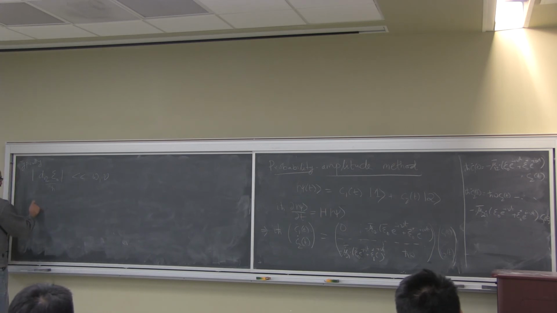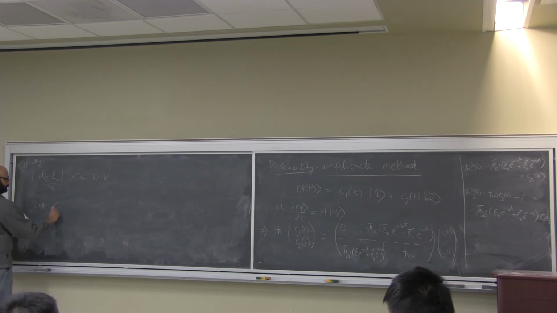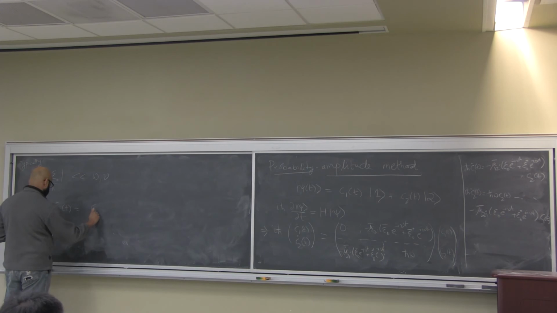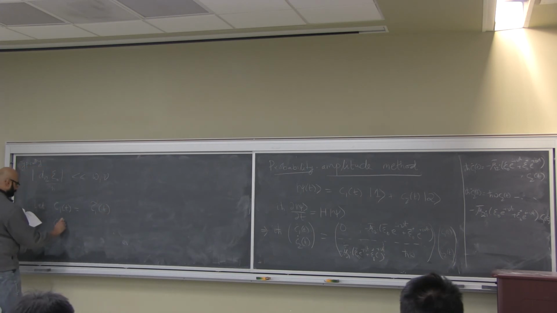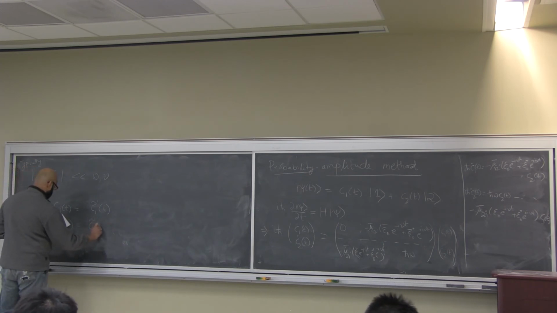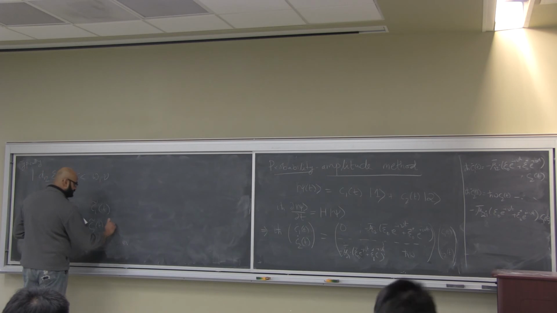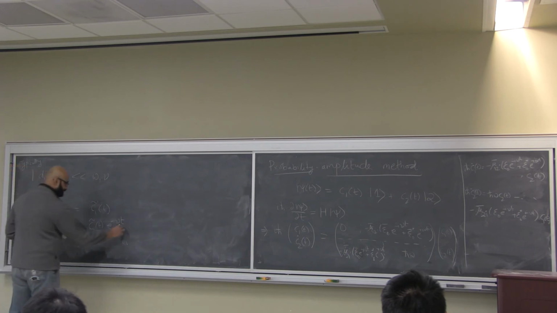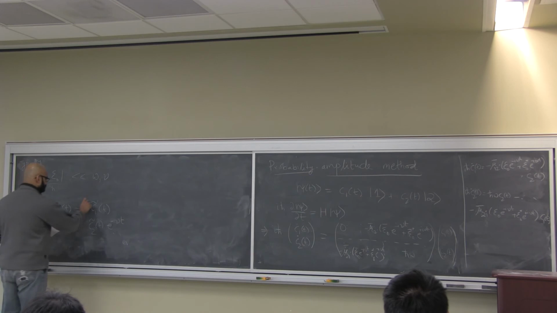In this system, C1 of t goes to a new variable, C1 tilde of t, and C2 of t transforms to a new variable, C2 tilde of t e to the minus i nu t. So we've taken out this fast oscillation e to the i nu t with these new variables.